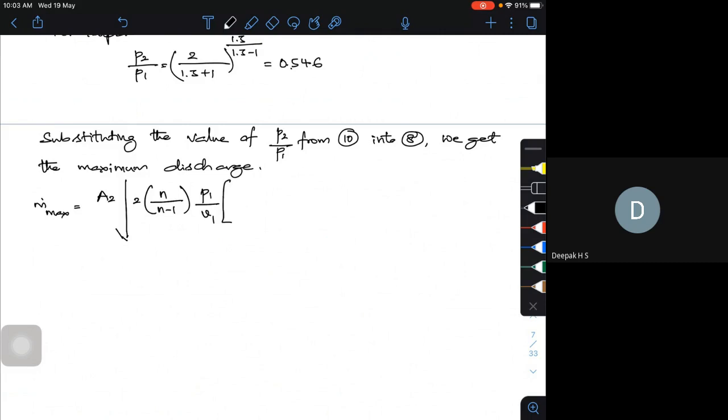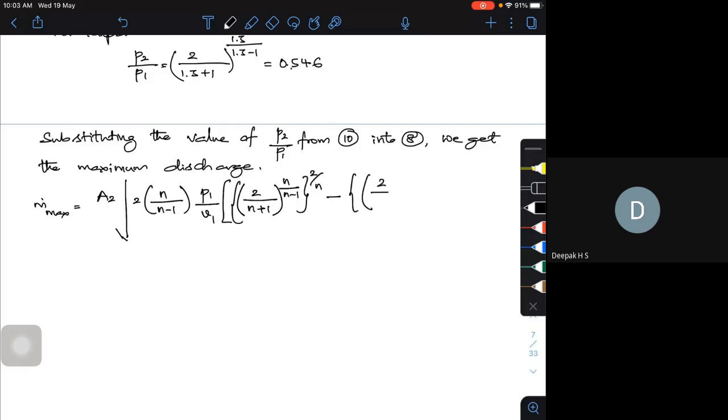Open the bracket. Wherever I have P2/P1, I will substitute (2/(n+1))^(n/(n-1)). So here I have 2/n, and I need to open the bracket.